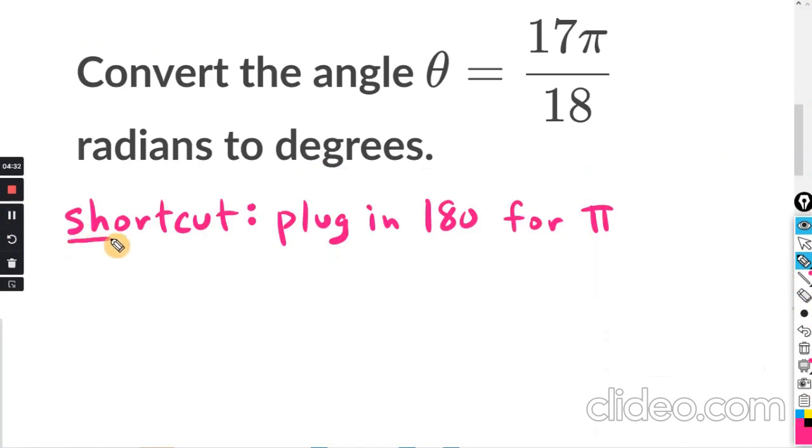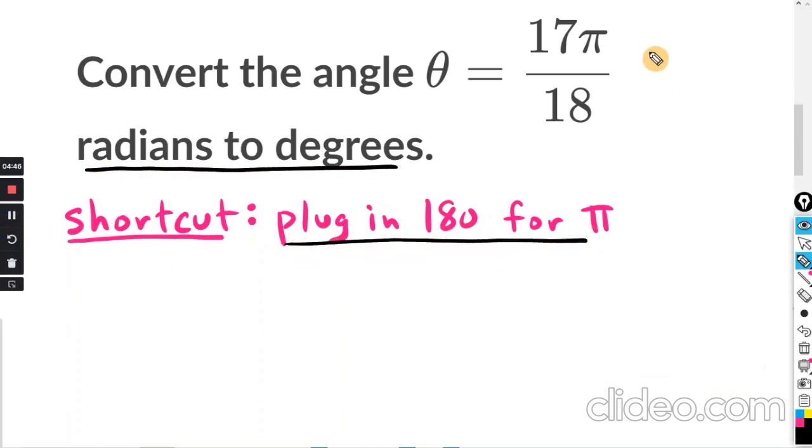Now there's a shortcut method, and this only works when you're going from radians to degrees, not the other way around. Since 180 degrees equals pi radians, you can just plug in 180 for pi. So right here we have 17 pi over 18. You can just plug in 180 in place of pi.